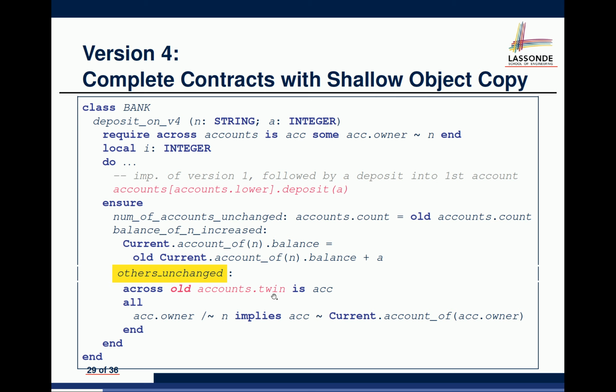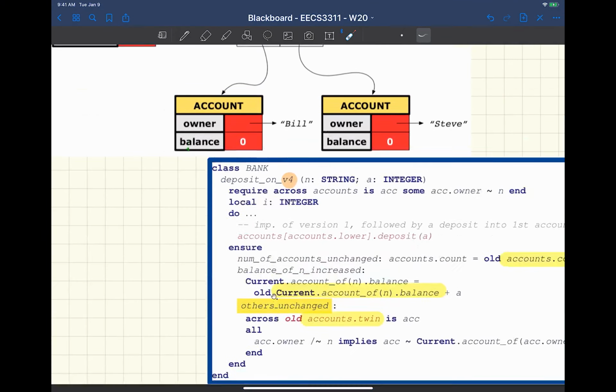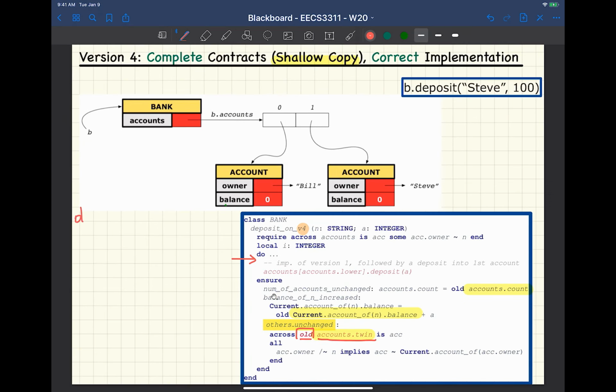Let's go back to the slide over here. You can see now I changed to version number 4. The logic pattern stayed the same, so I don't need to repeat. The only thing that's different is over here, the old expression, and the thing we want to catch will be accounts.twin. So now in the pre-state, let's say we have some hidden variable on old accounts, and now it's going to be assigned to this particular value.